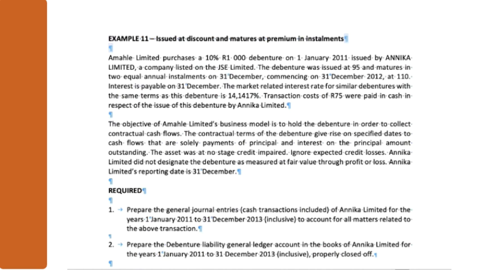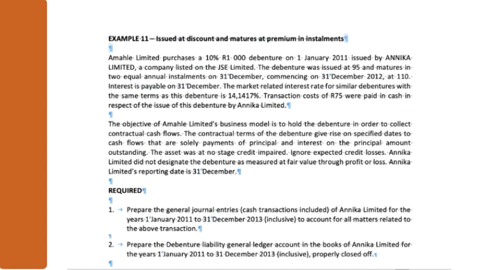This is video 1 of the category Financial Liabilities at Amortized Cost, and it deals with example 11. If we have a look at the given information, it says Amahle Limited purchases a 10% 1,000 Rand debenture on 1 January 2011 issued by Anika Limited, a company listed on the JSE Limited.